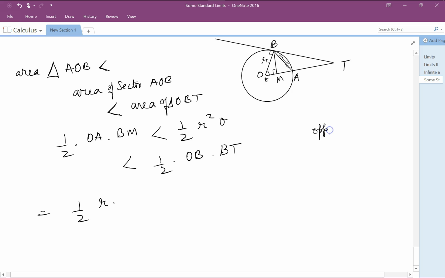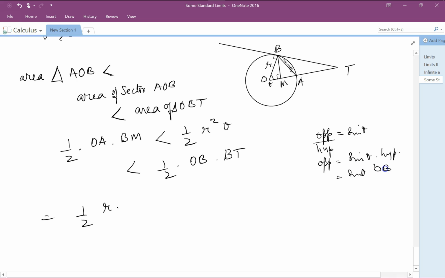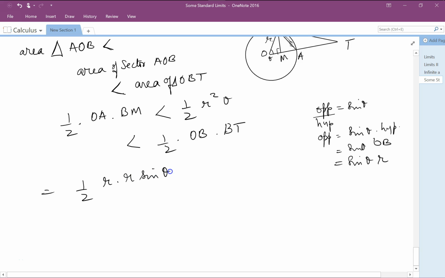Opposite by hypotenuse is sin theta, so BM is sin theta times hypotenuse. The hypotenuse is OB, which is r. So r sin theta is less than half r square theta, less than half of OB times BT.